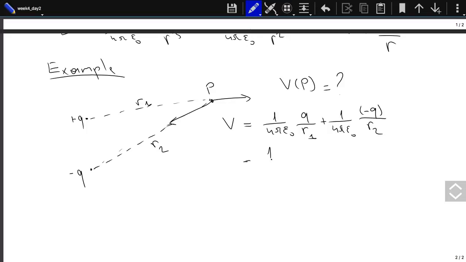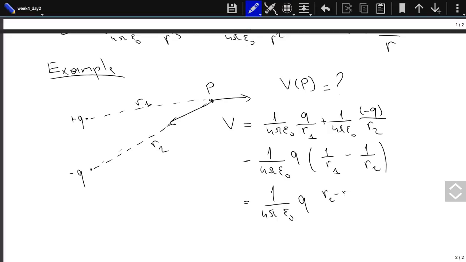So we can just combine them. This will give me 1 over 4 pi epsilon 0 Q times 1 over R1 minus 1 over R2, or this will be equal to 1 over 4 pi epsilon 0 Q times R2 minus R1 divided by R1 times R2.